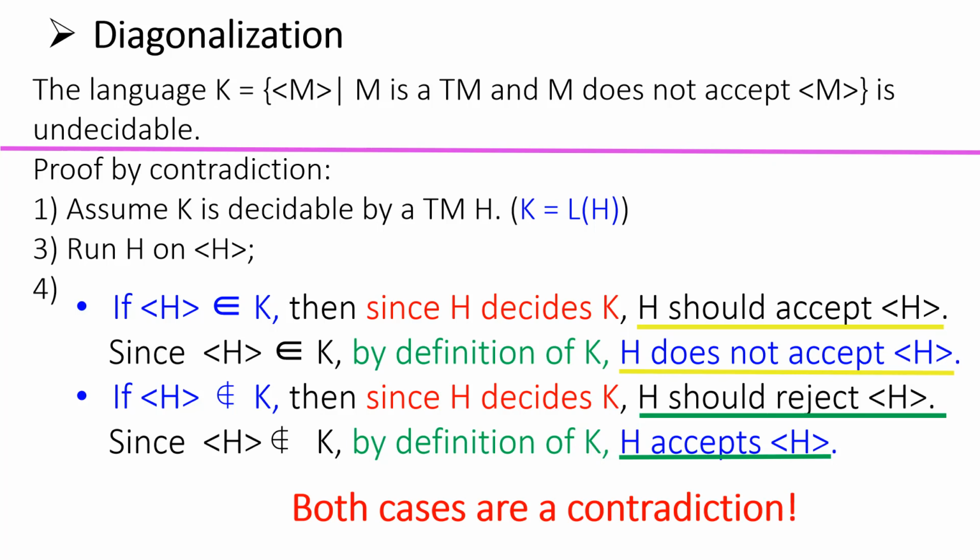So our assumption must be wrong and K must be undecidable. Note that in this proof, you need to show that in both cases a contradiction is achieved. In this proof, we did not construct another machine to reach the contradiction, we used H directly. In some other proofs, you may need to construct another machine to do the job.